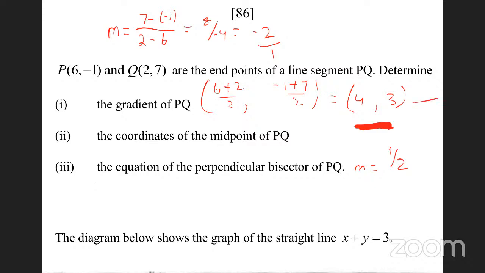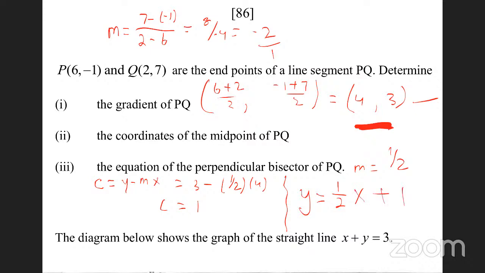So we use C as y minus mx. Y is 3, gradient is a half, x is 4, half of 4 is 2. So C is 1. So the answer is y equals half x plus 1. If you want to make it look nice, you can multiply it out by 2.